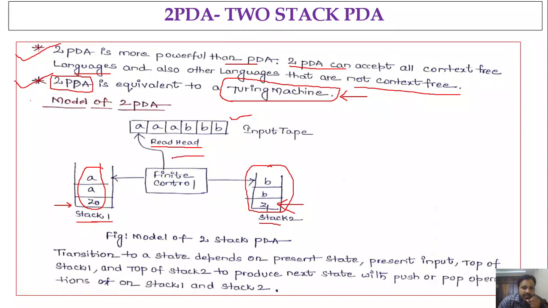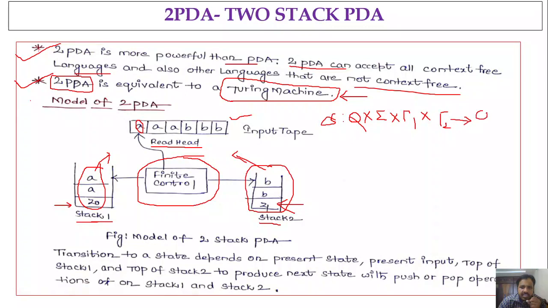We also have a finite control, which performs the state transition by considering the current input symbol, the top of stack 1 and the top of stack 2. Here the delta transition function maps the current state, then the current input, then the top of stack 1 and top of stack 2, tau 1, tau 2, and it produces a new state q.